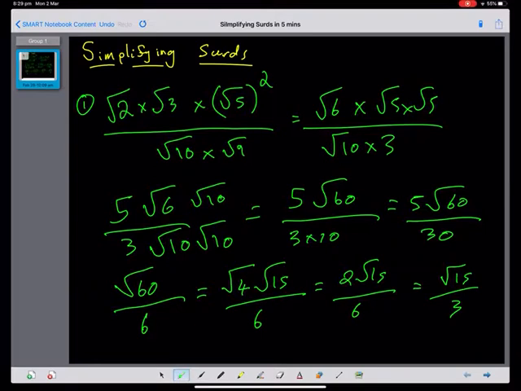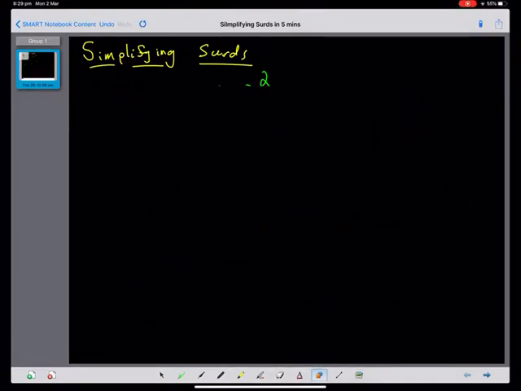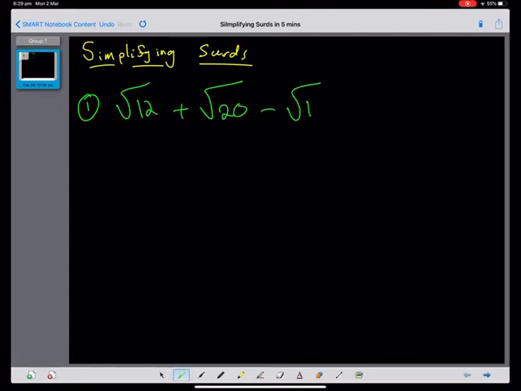Okay, so let's look at one more example. Let's simplify the root of 12 plus the root of 20 minus the root of 150 minus the root of 50. Okay, so let's simplify each of these. This is 3 times 4.